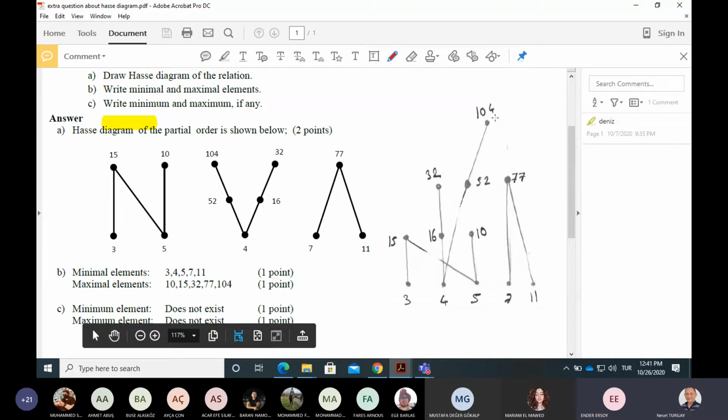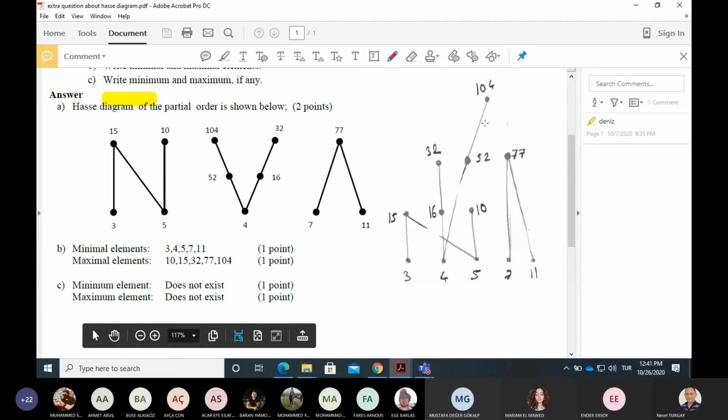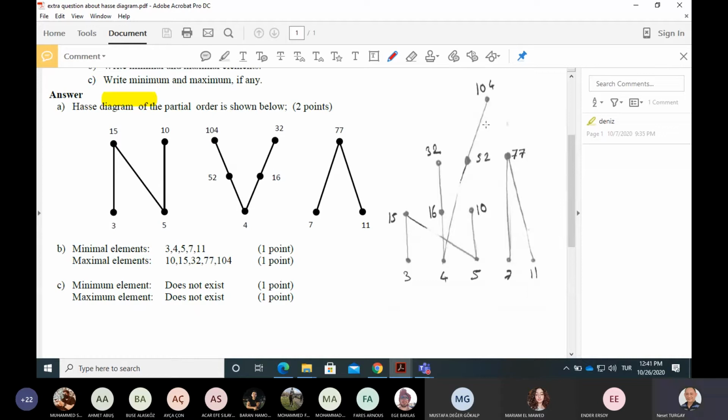No, I mean, for all of the numbers, there can't be any higher number on the next level. There can't be higher. No, there can be in here. For example, you have 52, then you have 104. Maybe I don't understand your question.